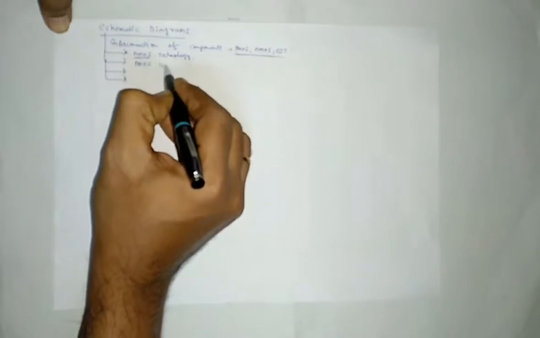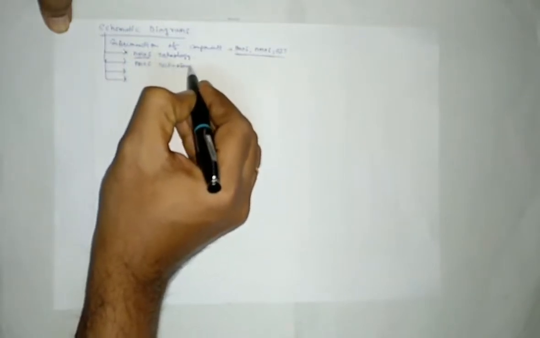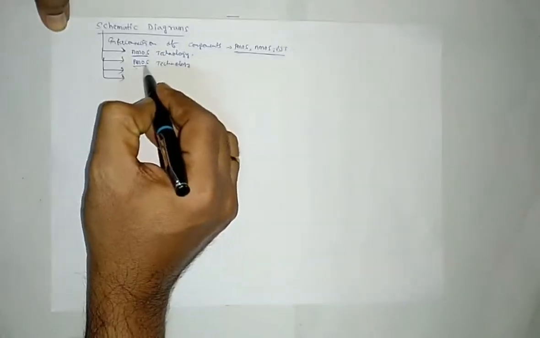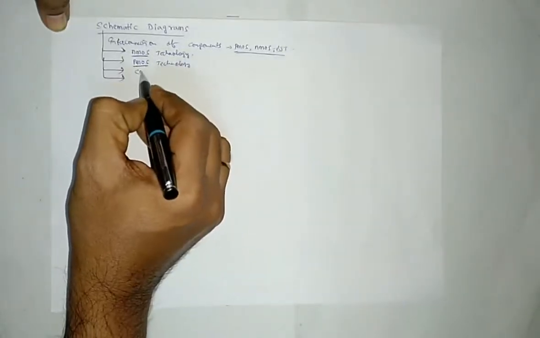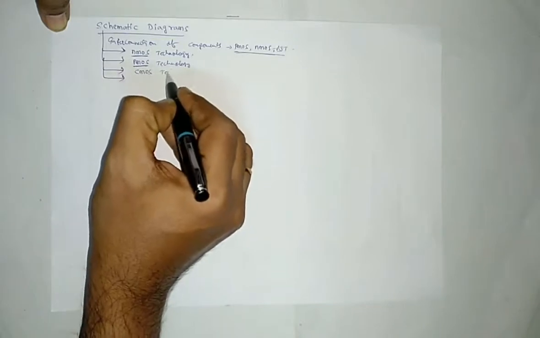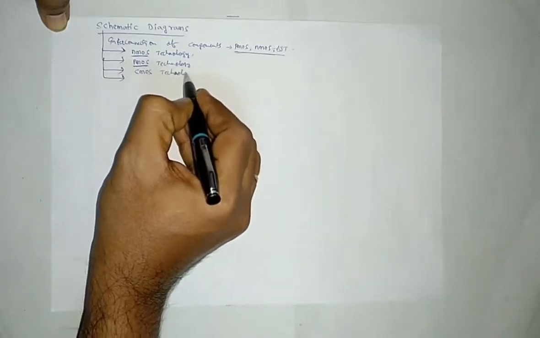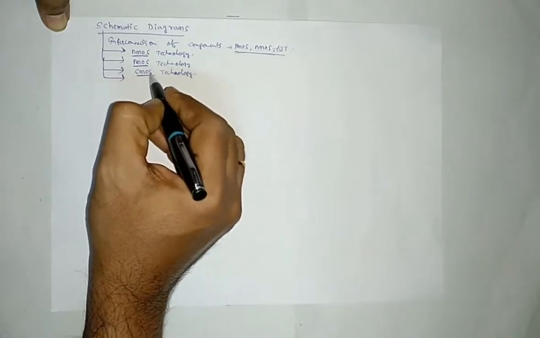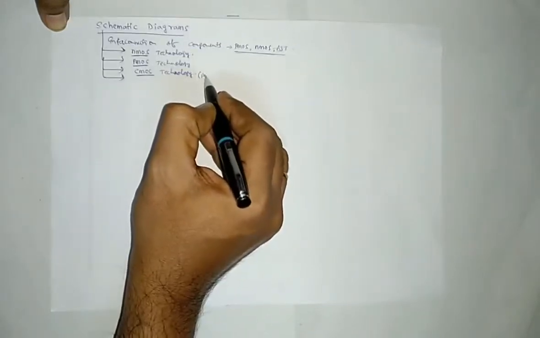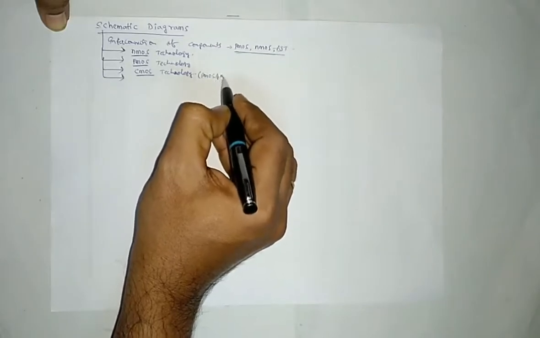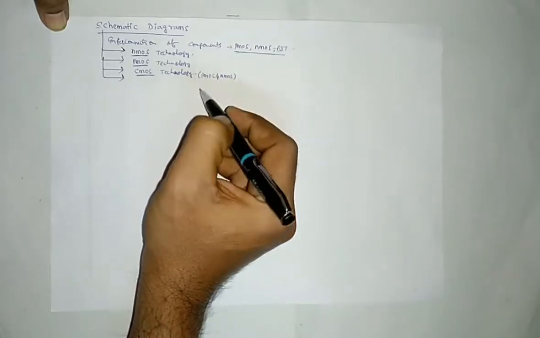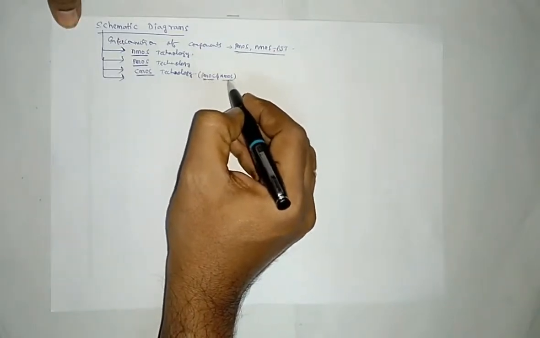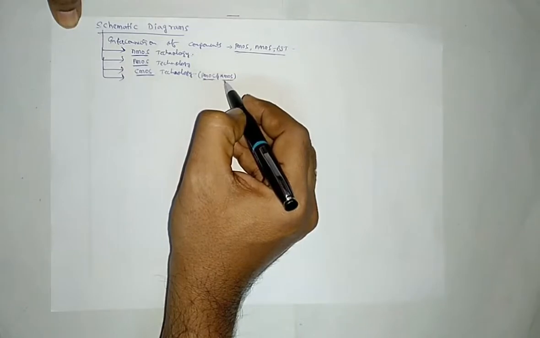Schematic using PMOS technology means the design is designed using only PMOS transistors. CMOS technology or CMOS logic: in this CMOS, complementary metal oxide semiconductor, it consists of both PMOS and NMOS transistors. PMOS transistors act as the pull-up network, NMOS transistors act as the pull-down network.